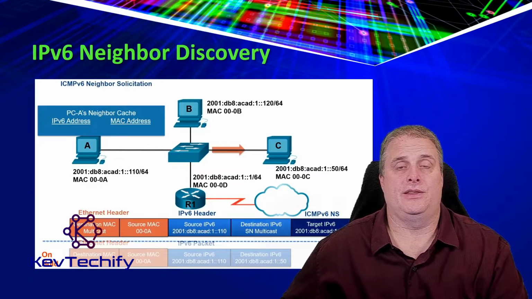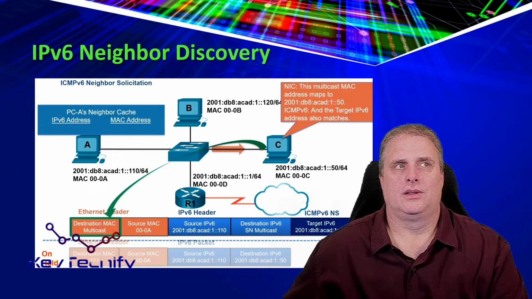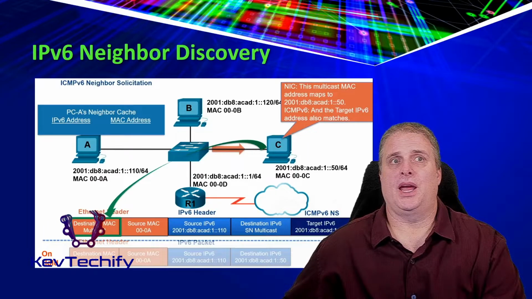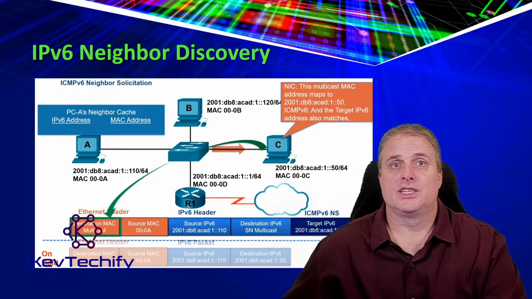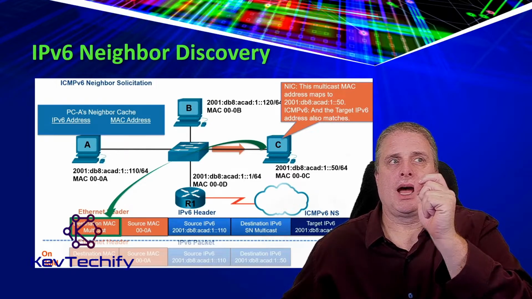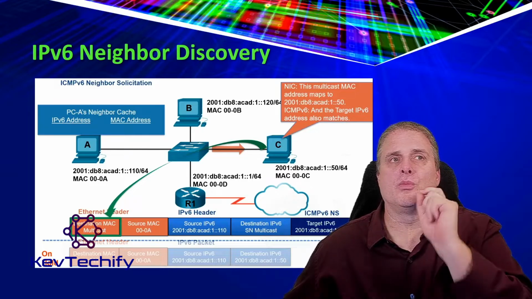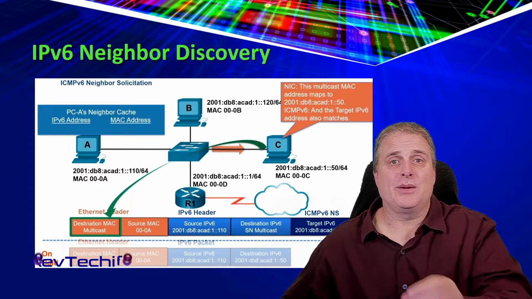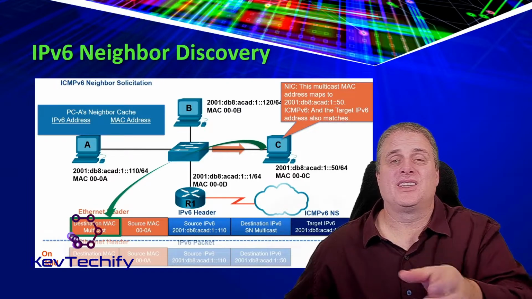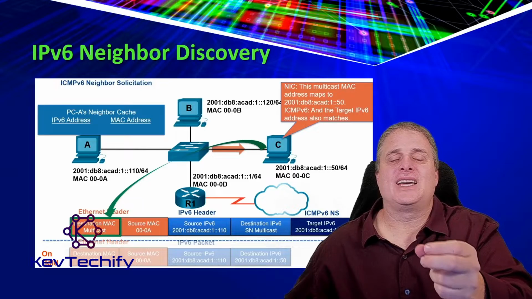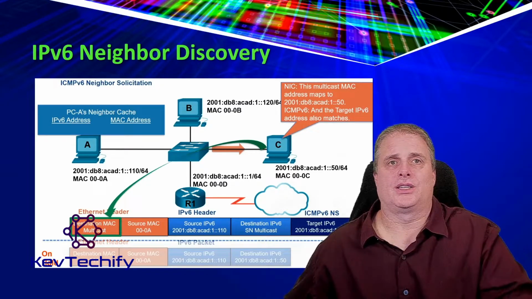Host C receives the Ethernet frame. This time the Ethernet multicast MAC address matches a MAC address associated with host C, specifically the one mapped to host C's IPv6 solicited node multicast address. Therefore, host C accepts the frame and passes it up to its IPv6 process and then to its ICMP version 6 process.